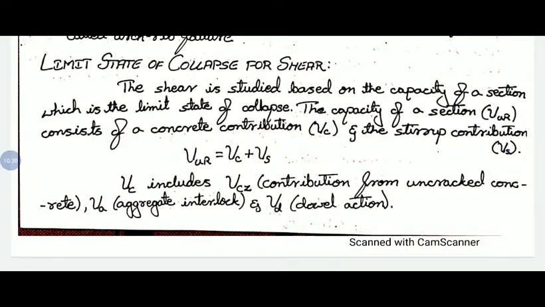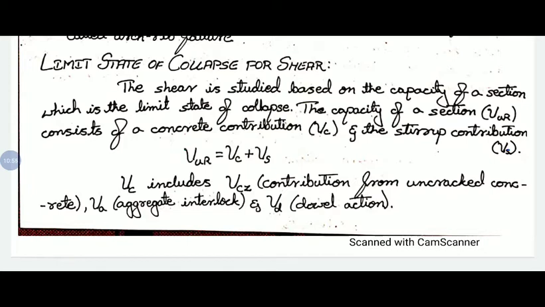So what are the guidelines, what are the formulas we are considering, what are the parameters we are considering, and what are the formulas we have to calculate the shear force in the web according to IS code 1343, 1980. According to that code book, it has some guidelines to calculate the shear force.